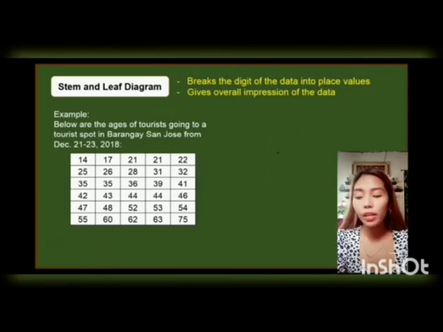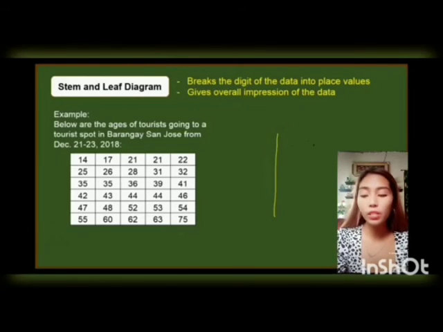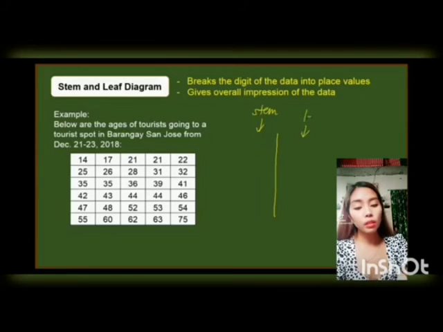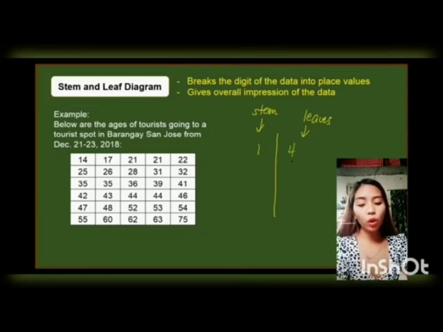Okay, so first, let's draw a vertical line. That vertical line will signify the regions for the tens and for the ones. The left part, the part for the tens, we will refer to as the stem, and the other part will contain the leaves. So again, let's use 14. We'll break down 14 into 1 and 4.